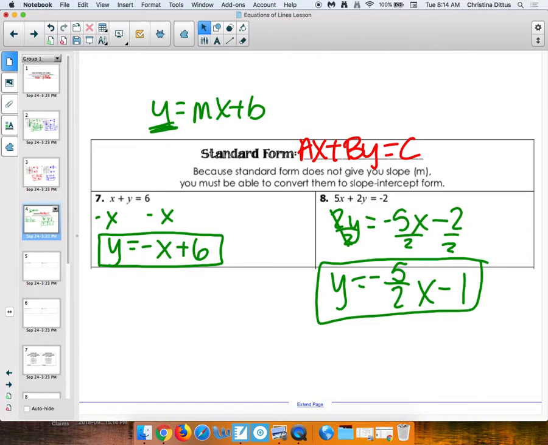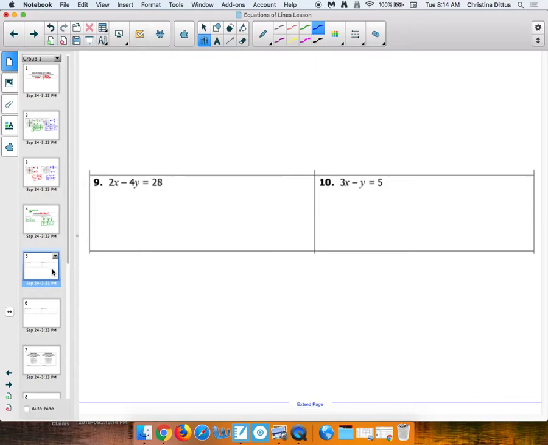Questions? Okay. 2x minus 4y equals 28. I need to get y by itself. What's the first thing I do? Subtract 2x. -4y equals -2x plus 28. Divide by -4, everywhere.